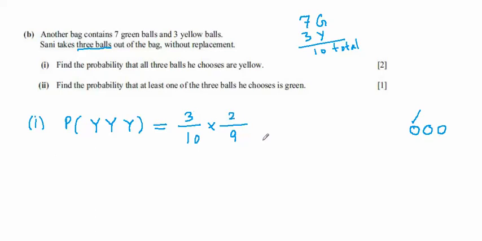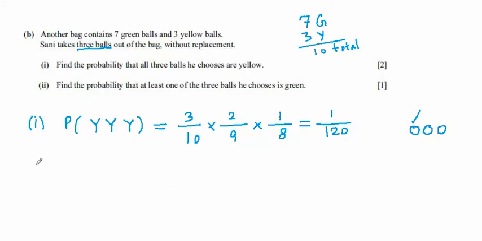So 2 yellows, and then total 8 are left behind, and then there is only 1 more yellow left, so it will be 1 over 8. So since all 3 are yellow, first 3, then 2, then 1, and before there was 10 total, then 9, and then 8. So then we will simplify this. So after simplification it will be 1 over 20. You can use calculator here also because it's allowed.